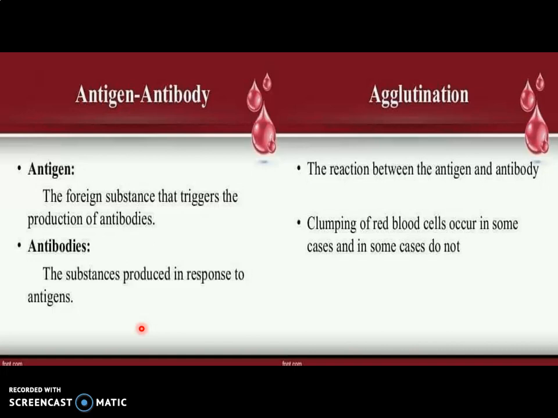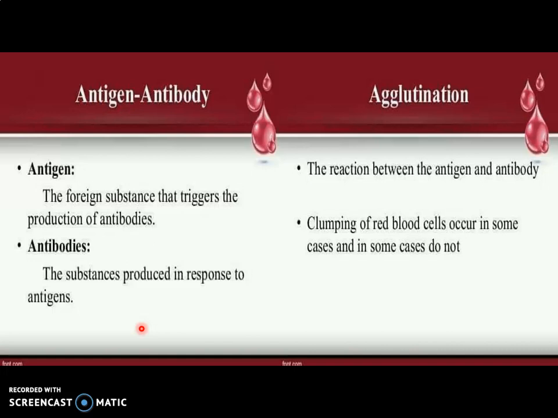These antigens trigger the production of antibodies. What are antibodies? The antibodies are the substances produced in response to antigen. So whenever there is an antigen, a foreign substance, these antibodies will be produced in order to respond to them. So antibodies are substances that are produced in response to antigens.